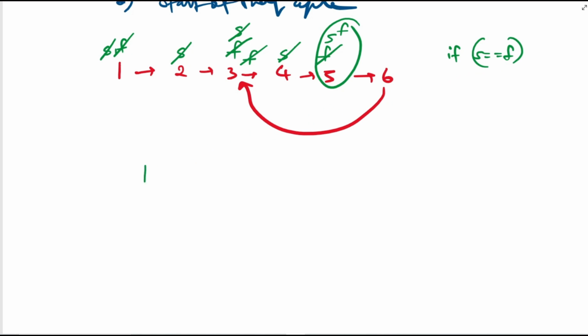Now, in a usual linked list problem, we don't really know whether a cycle would exist or not, and I'm not going to cover that case.